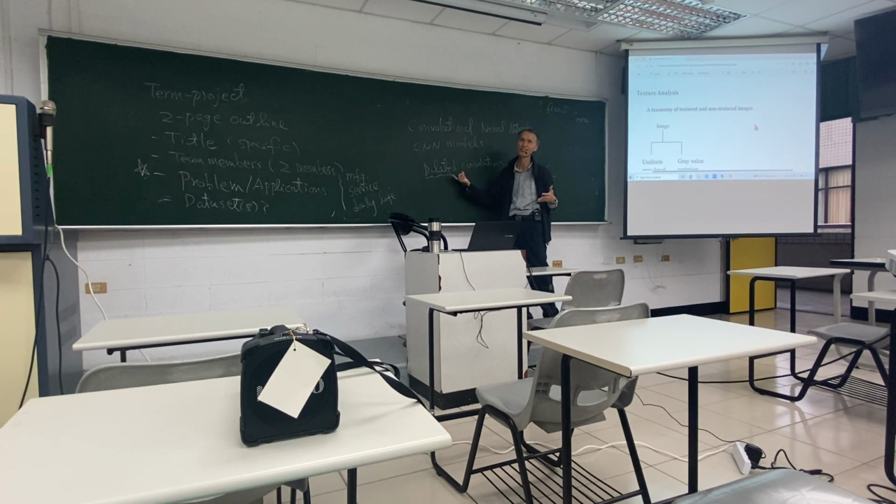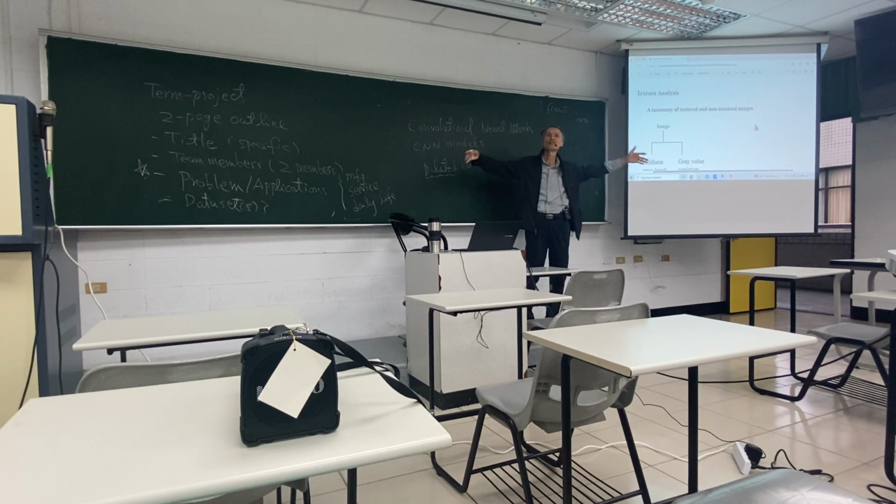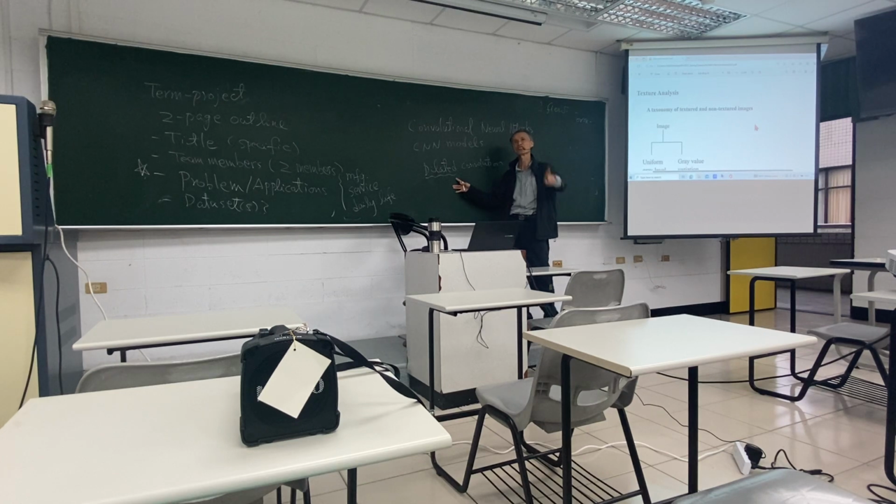So what does it mean? It will look at a wider range, trying to find the association, but without increasing the number of parameters. That's the idea. You will dilate the filter. I will give some ideas about the convolution.